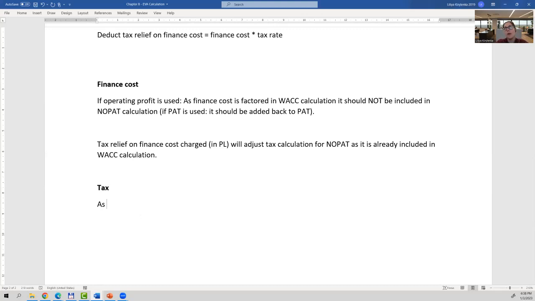As EVA trademark looks into cash, then the company should adjust notional operating profit after tax, not for tax charged, but for tax paid.